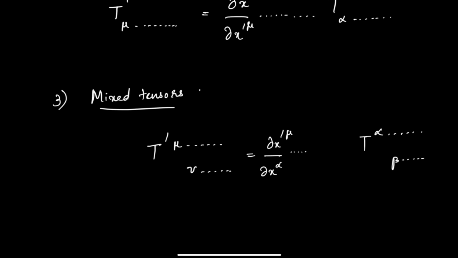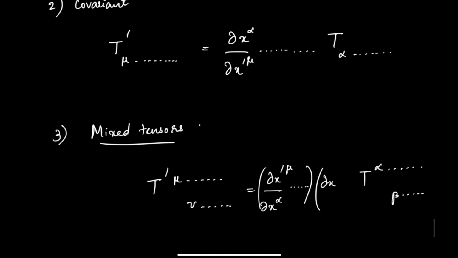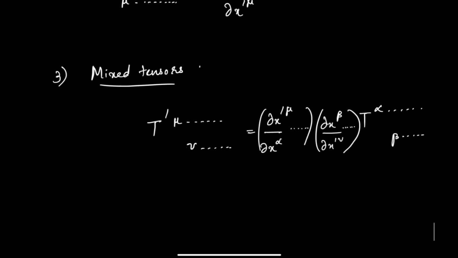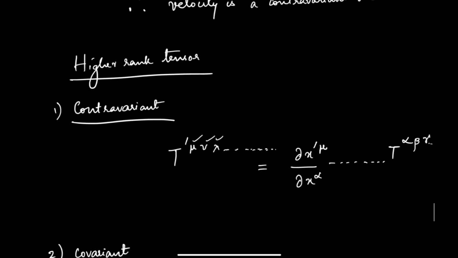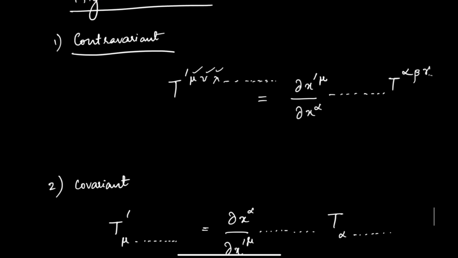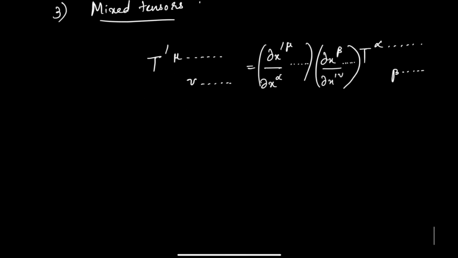First you have to write for all the contravariant, then I'll write for all the covariant: x beta, x prime nu, and for all the other covariant. So this is how you represent higher rank contravariant, higher rank covariant, and higher rank mixed tensors.